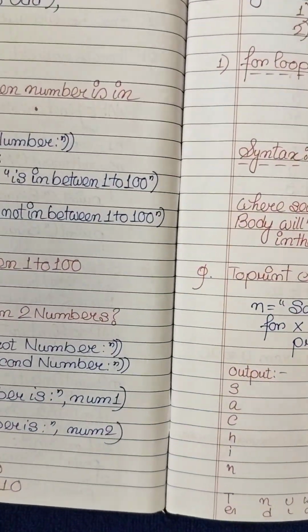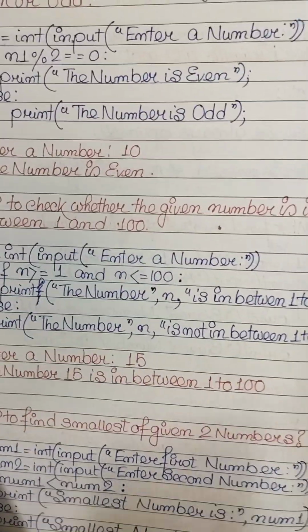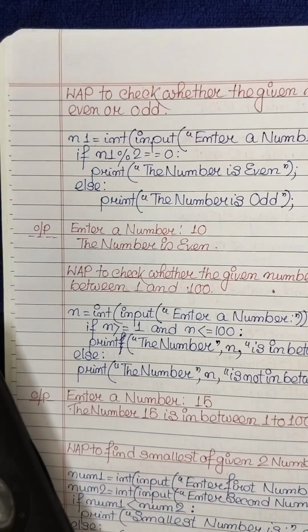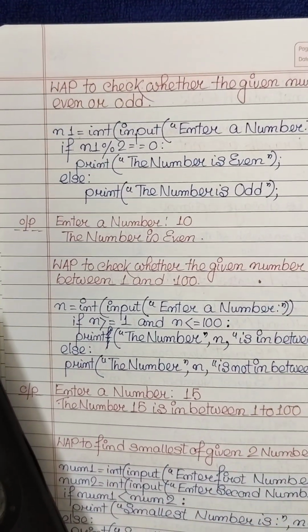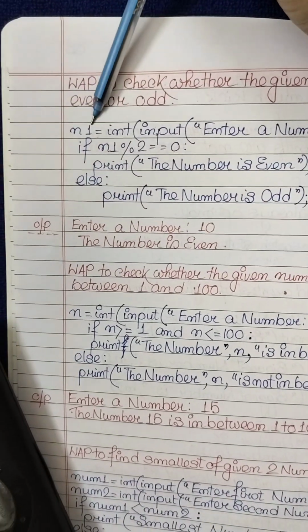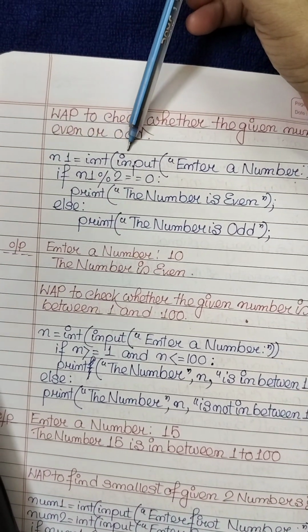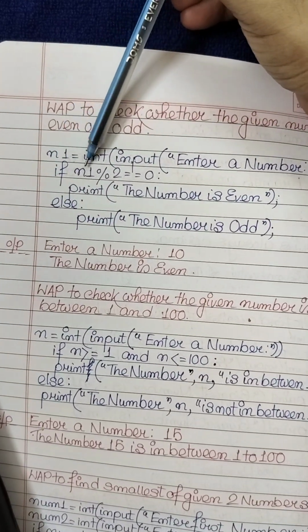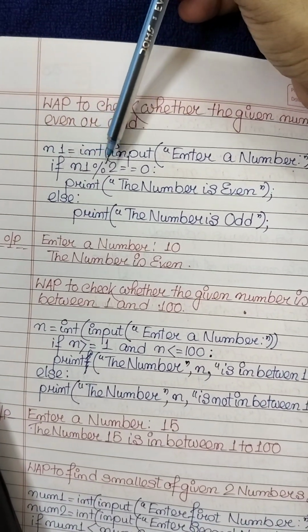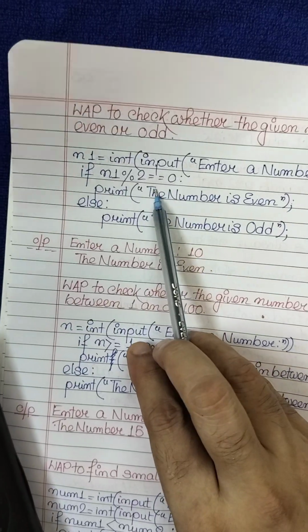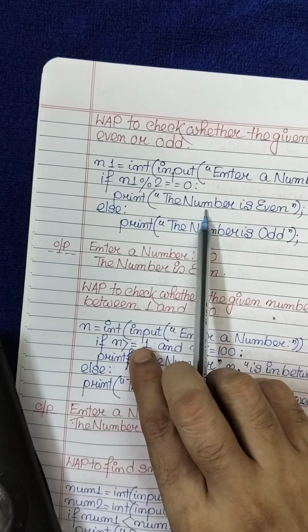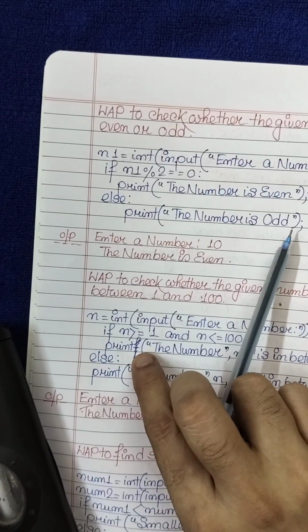Okay friends, our next program is to check whether the given number is even or odd. We take n1 = int(input("Enter a number")). If n1 mod 2 is equal to 0, then print the number is even number, else the number is odd.